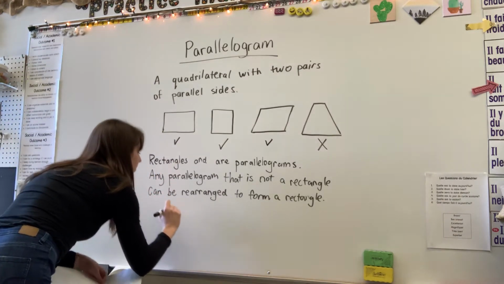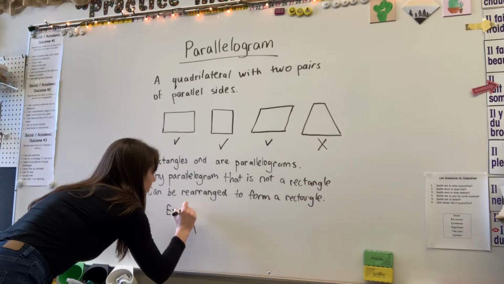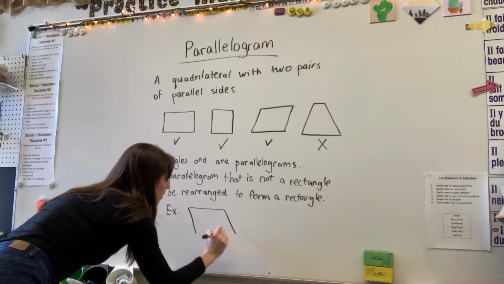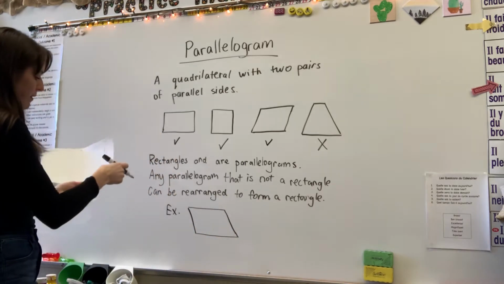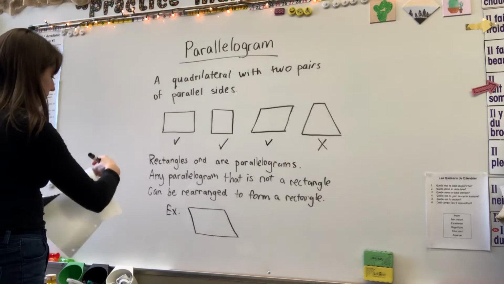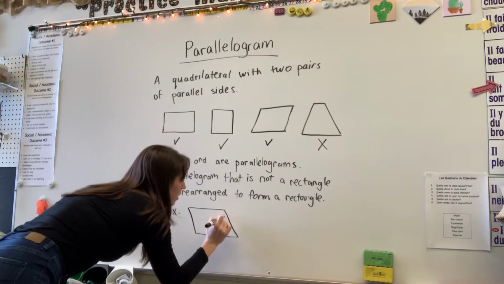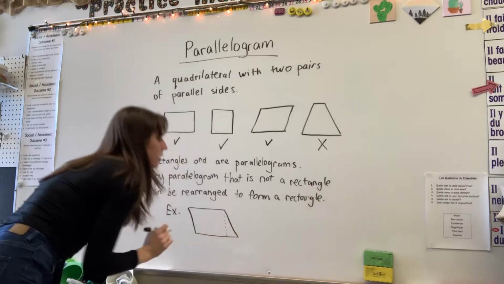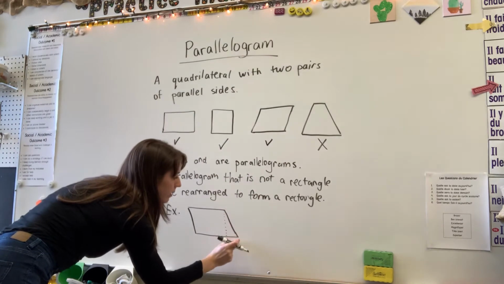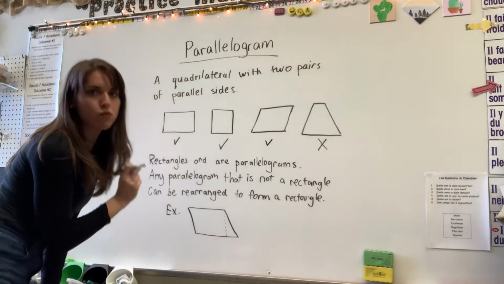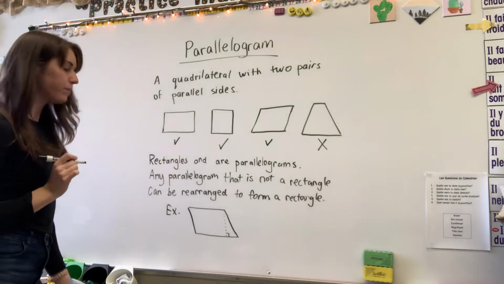Example. So this is a parallelogram. Okay. So if you chop off that part of it, see how that forms a little triangle? It is a right-angled triangle.